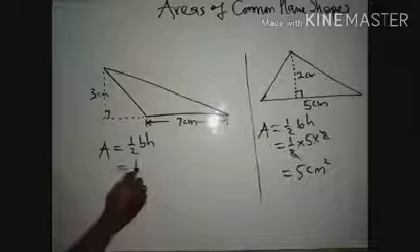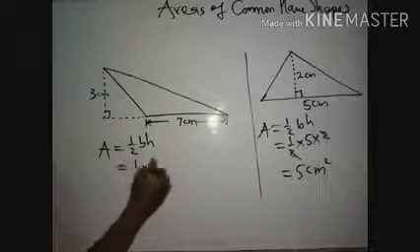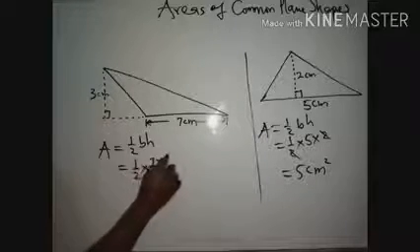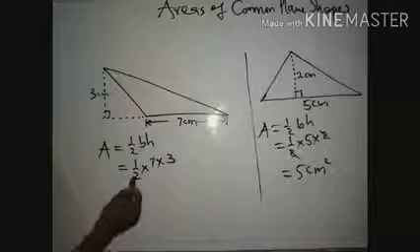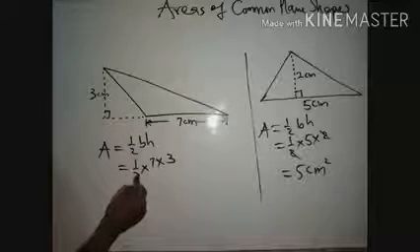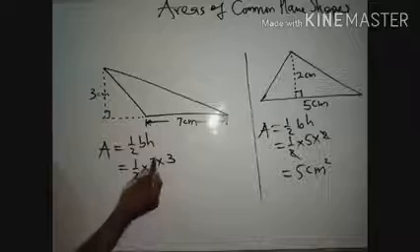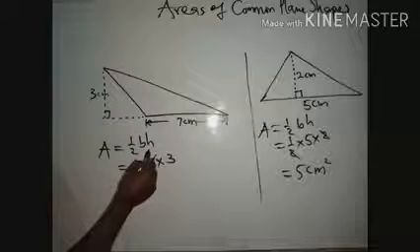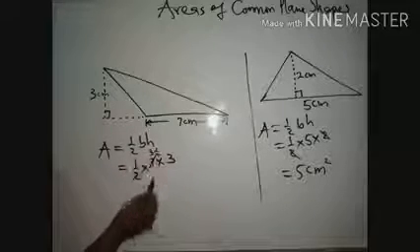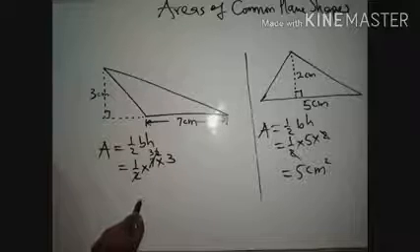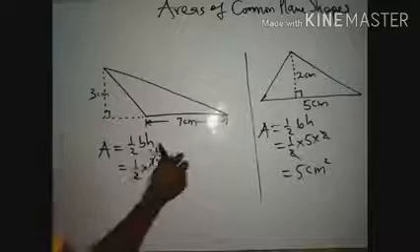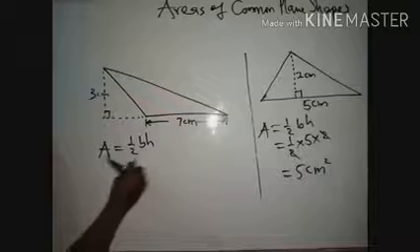So if you are now solving it, that will be half base times height, which is 3. In this case, you can cut, and this will give you 3.5. Or you can just leave it the way it is and solve it straight. Let me leave it the way it is and not stress you.